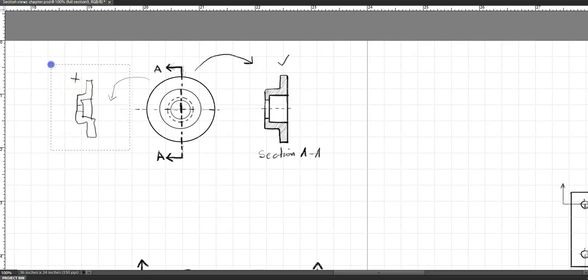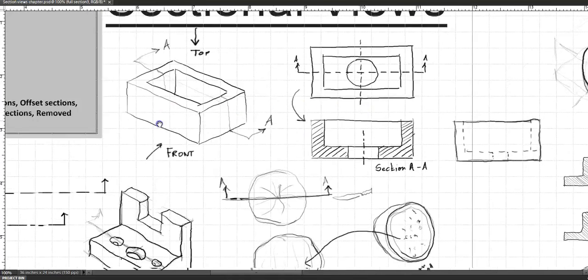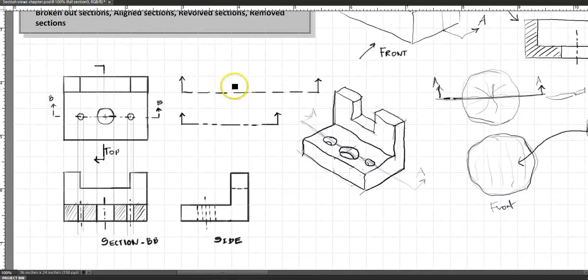Okay, so that's all about cutting plane lines and the standards of cutting plane lines. How do we draw a cutting plane line? In this case, both of them are correct. How do we name the cutting planes? You can call it A. Sometimes it's even called B dash.